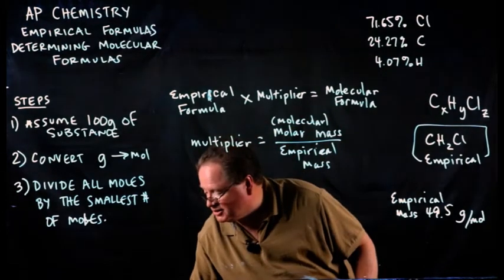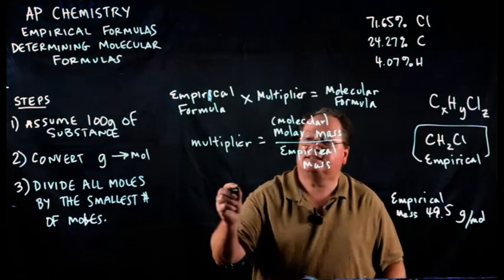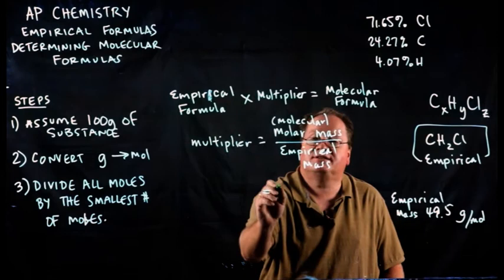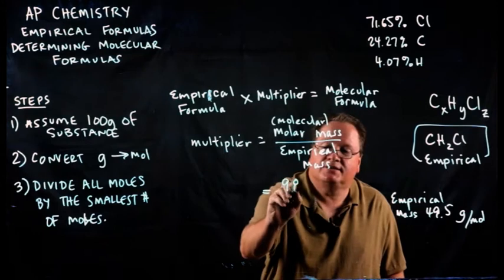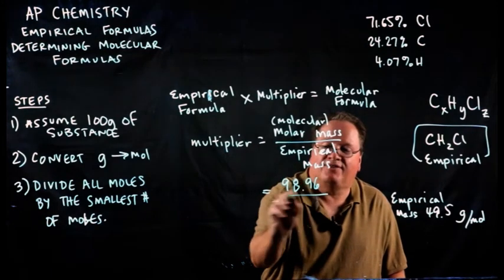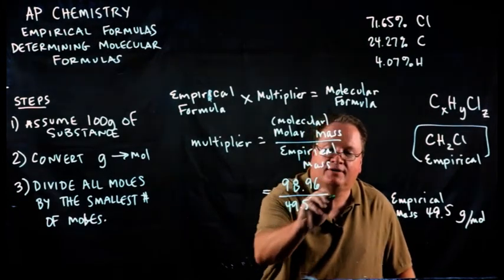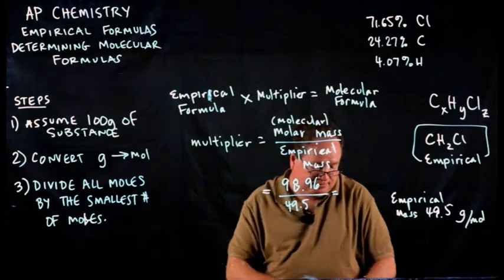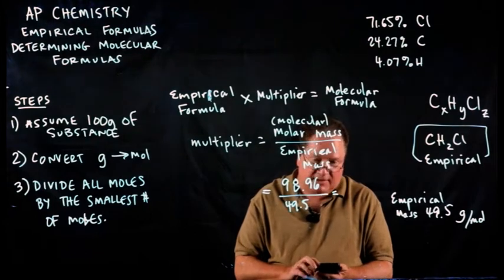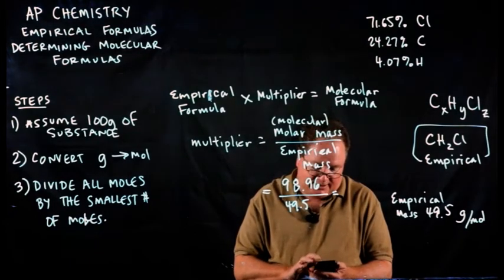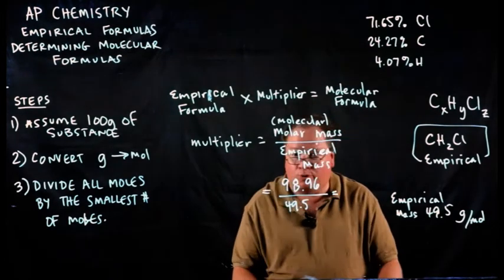Now, our question told us that the molar mass, same thing as molecular, is 98.96. So if I do this, I'm basically saying 98.96 divided by, we already know the empirical mass for our substance is 49.5. And if I do that, 98.96 divided by 49.5, I get 1.999.